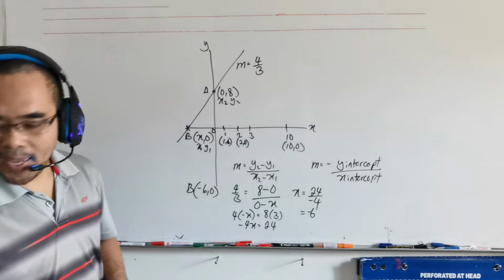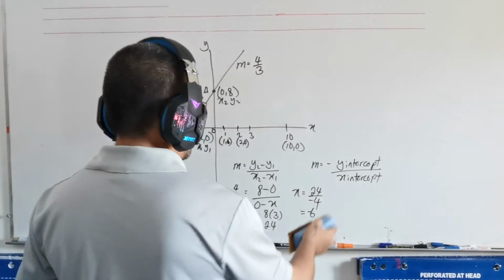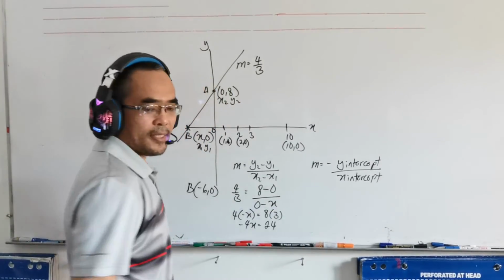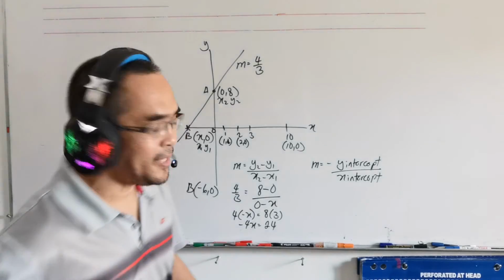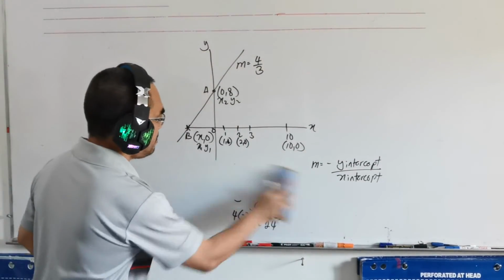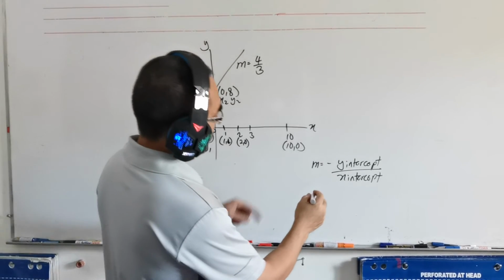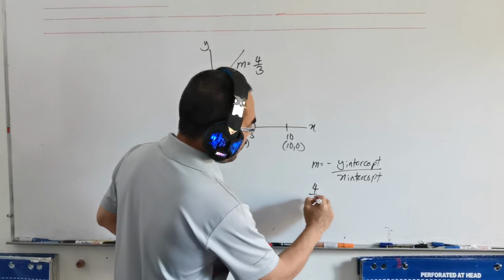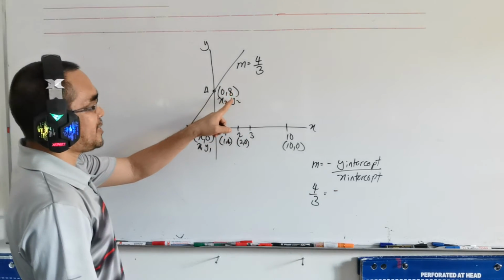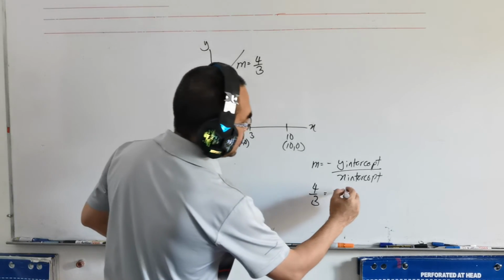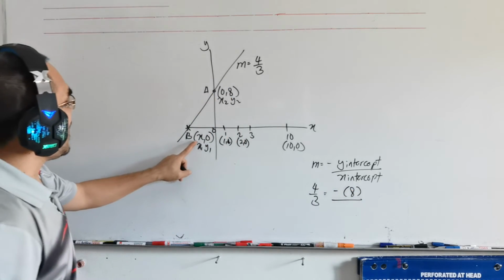Then, using this formula, that is m equals negative y-intercept over x-intercept. Again, we substitute 4/3 equals negative y-intercept, which is 8, so inside the bracket 8, over x-intercept.